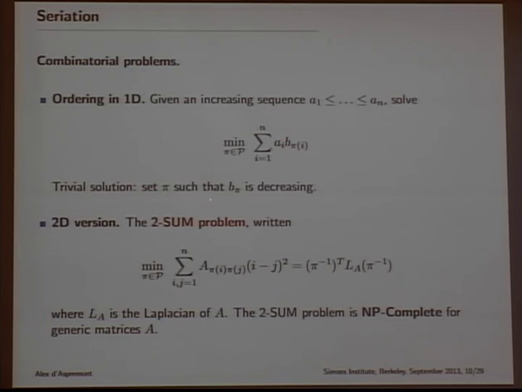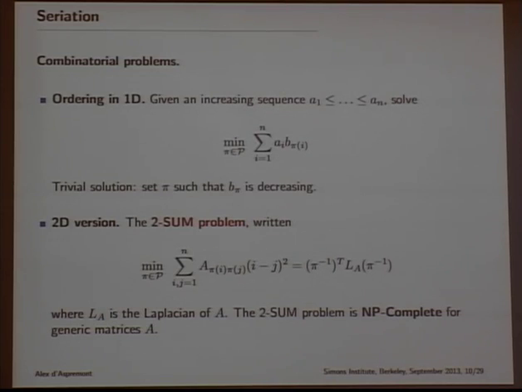You just set pi such that B_pi is decreasing, okay? So the original sequence goes like this, and the one that minimizes basically moves in the opposite way. And so that's 1D. So solving seriation in 1D is easy. You just minimize an objective that looks like this.